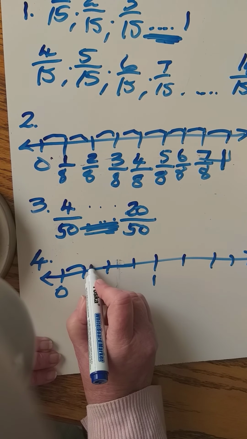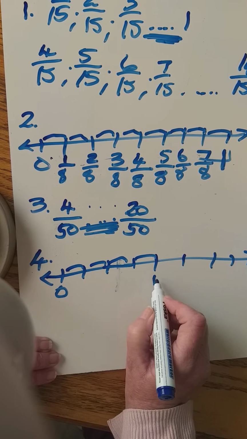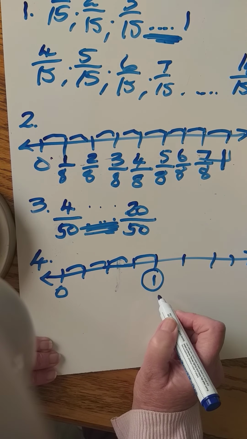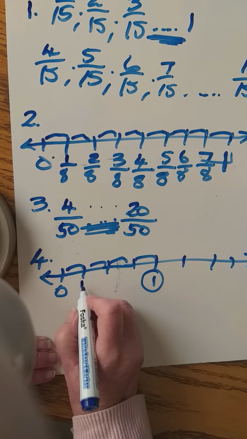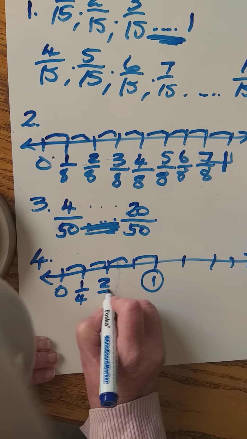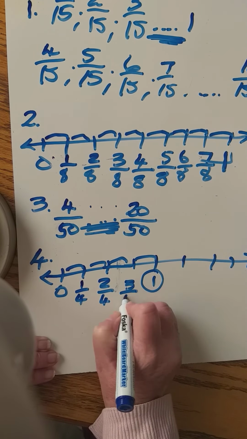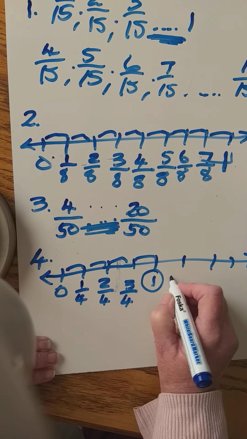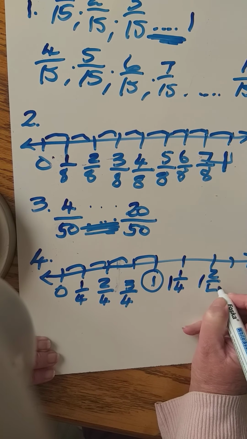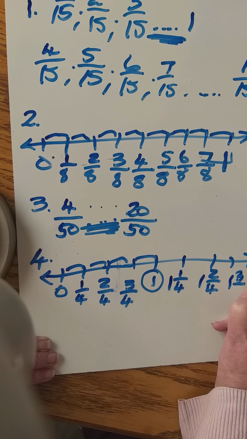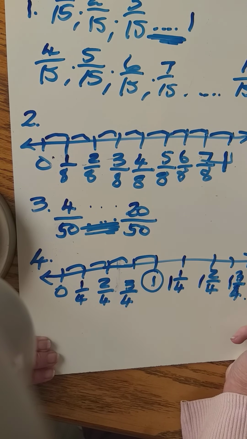I'm going to go 1, 2, 3, 4, because I've got to stop where the whole 1 is. I can't go to the end of the number line. So that's 1/4, 2/4, 3/4, and a whole. Then it's 1 and 1/4, 1 and 2/4, 1 and 3/4, and I can stop.